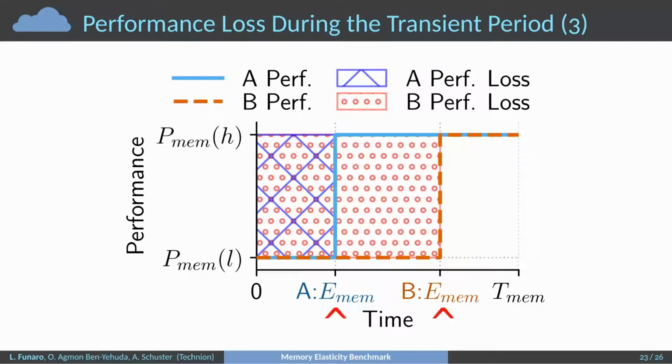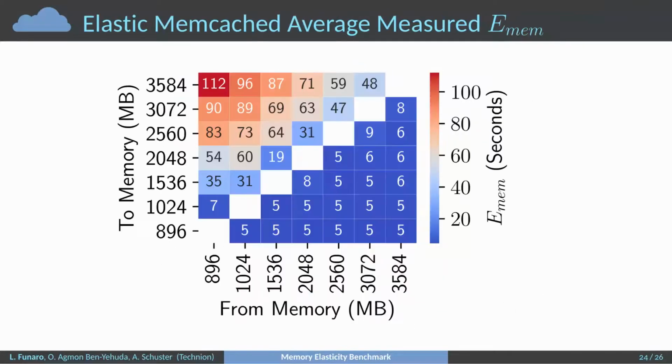And now we can clearly see the difference between the Emem of these two applications. Going back to our Memcached example, we can see here the measured Emem of the elastic Memcached for each memory transition. The bottom right part of this heat map is for memory reduction, and the upper left part is for memory addition.